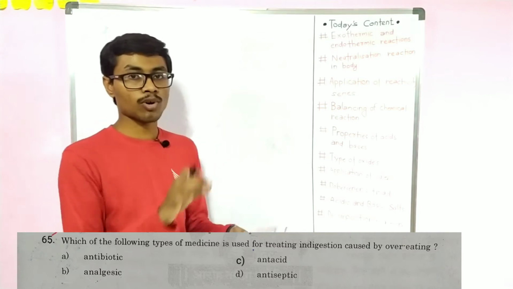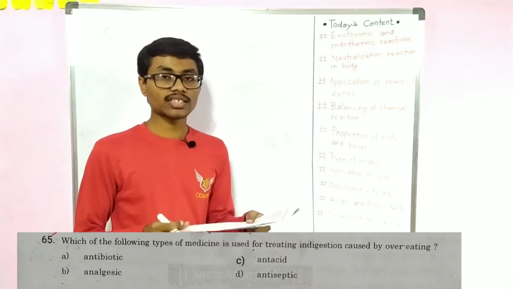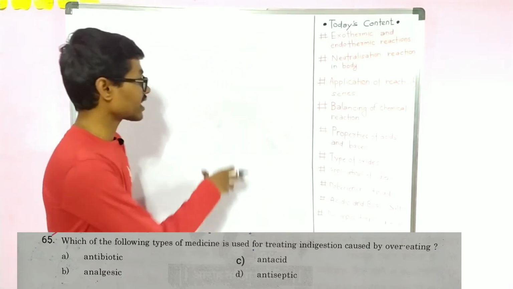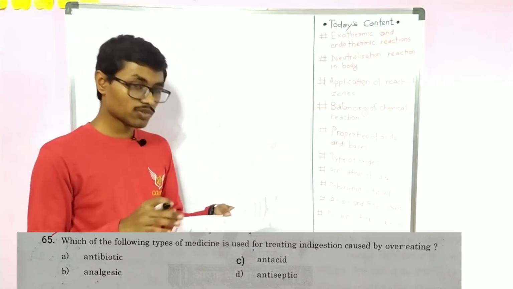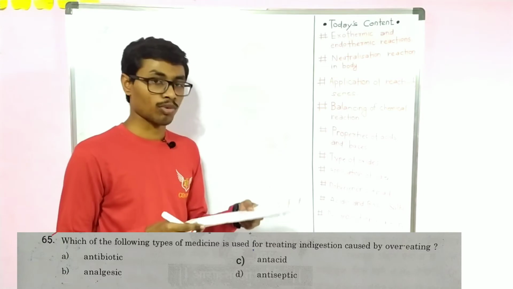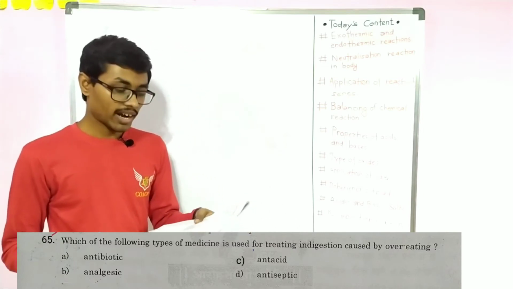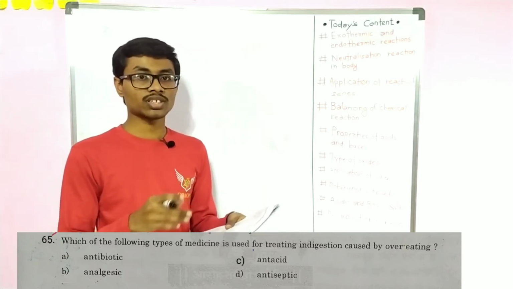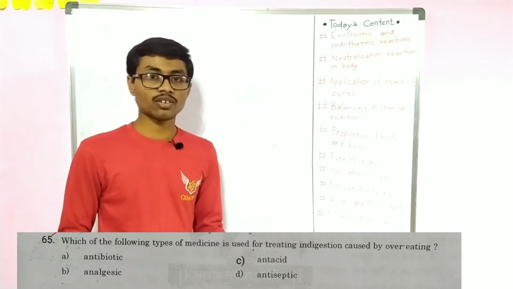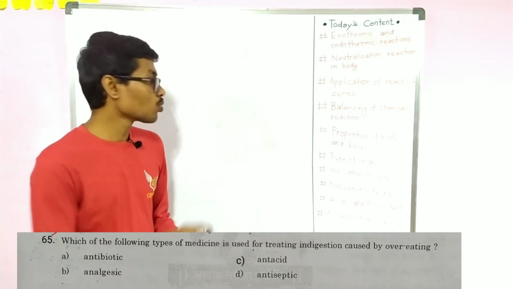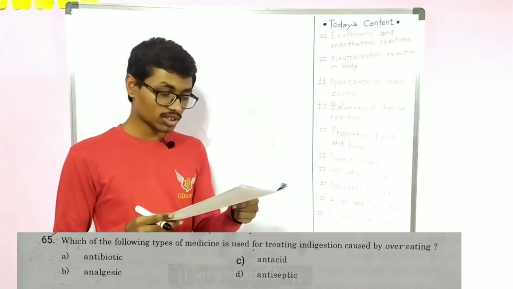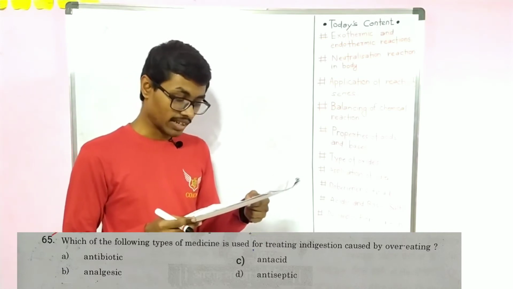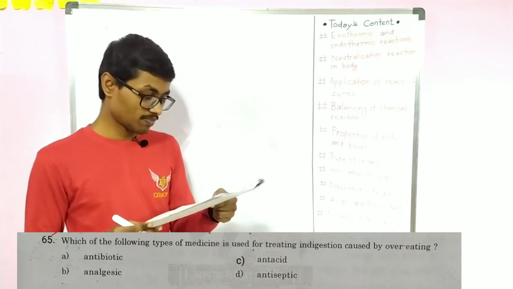C is antacid, whose properties are anti to the acid, and which forms a neutralization reaction in our body. Antiseptics are used to wash germs; when we get a wound, we use antiseptics to wash it. So the correct answer should be antacid, given in option C.